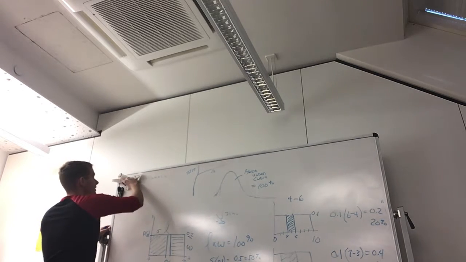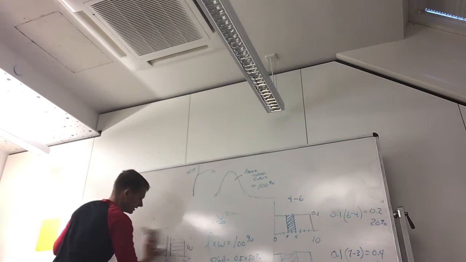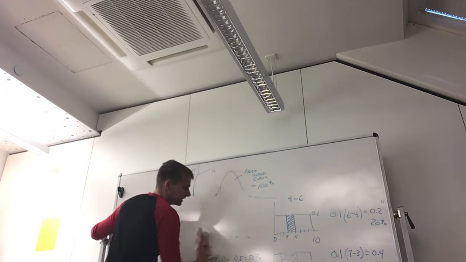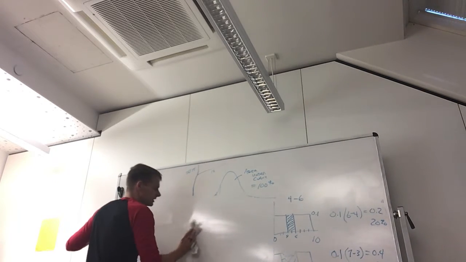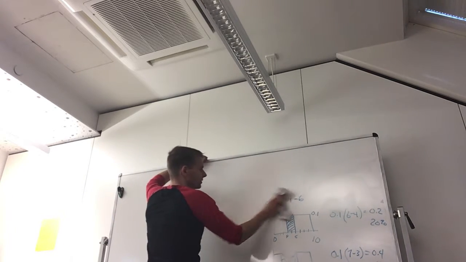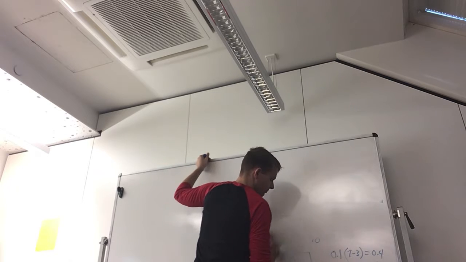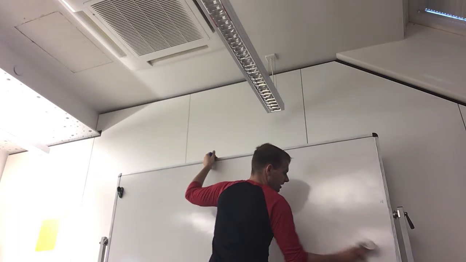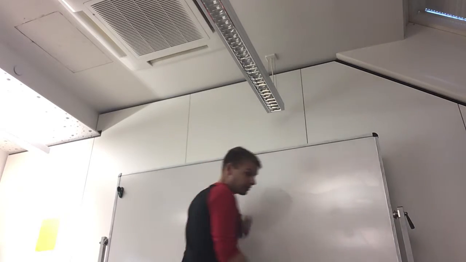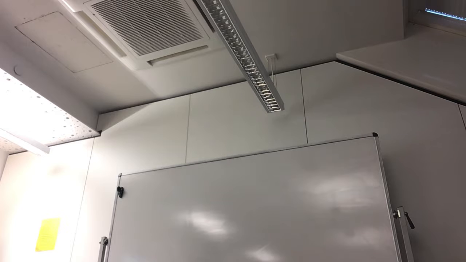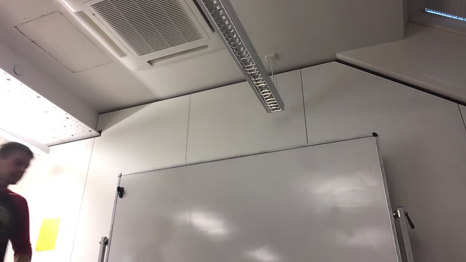Remember, uniform relates back to the actual probability itself. So when we say uniform, we're saying that the probability is uniform. When we say normal distribution, we're saying that the shape of the distribution is how the probability itself is spread. In this case, we're going to define what that is in a second.